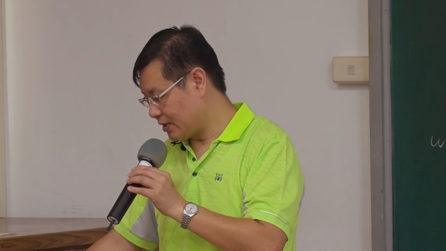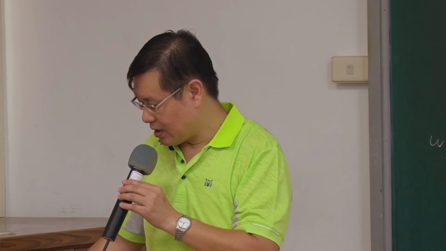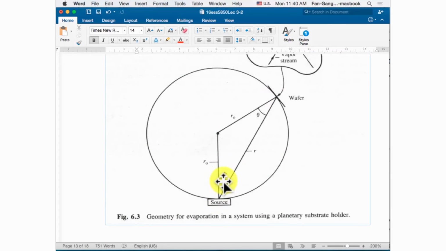In the planetary way, we consider two parameters. One parameter is the angle phi. When your wafer deviates from the center by the angle phi, you get a cosine law: the deposition rate is reduced by the cosine law. This is the first parameter you need to consider. The second parameter is the facing.